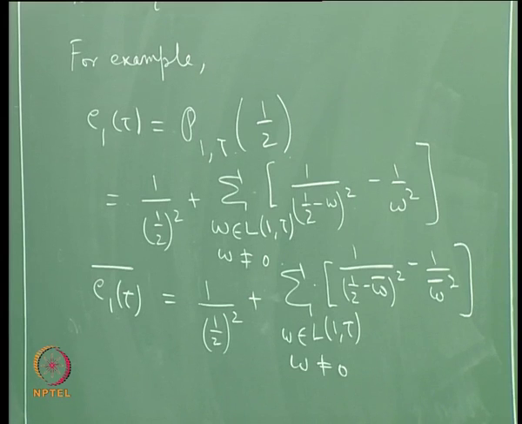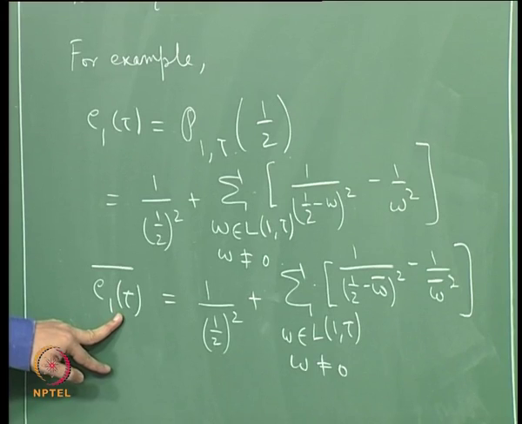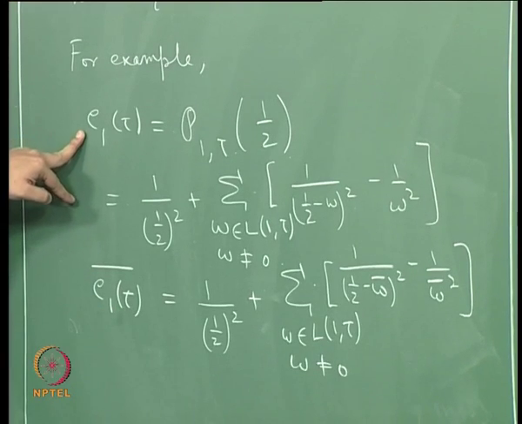Now you see that if tau is purely imaginary, then tau bar is minus tau. So what you will see is that this will be the same as this, which will tell you that E1 of tau is real if tau is purely imaginary.